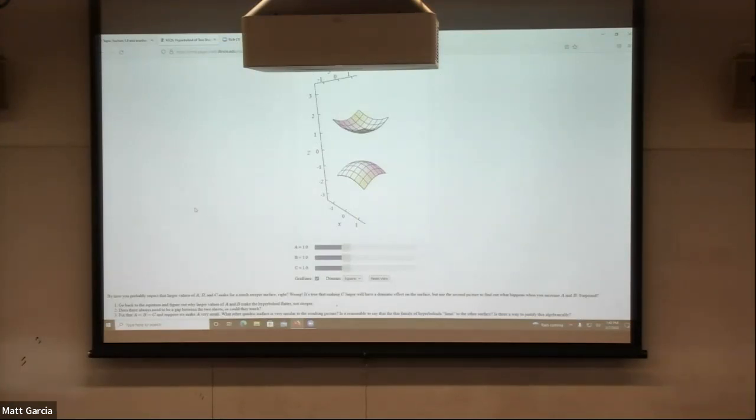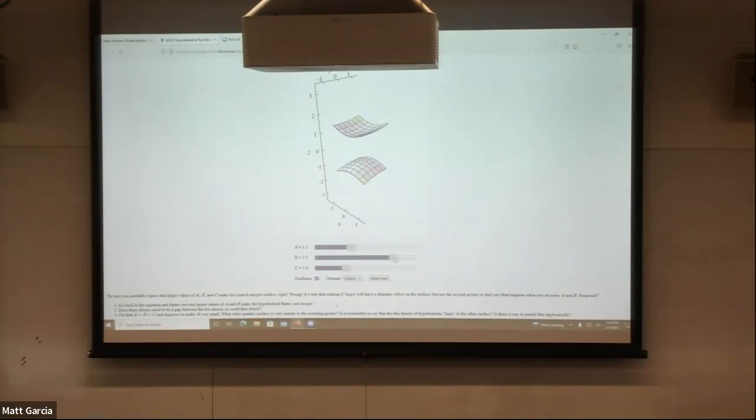How does the graph of this hyperboloid of two sheets change? Depending on which way we move it, you're correct. If we get smaller, we twist up. We get larger, yes, exactly right, we kind of flatten. Good.